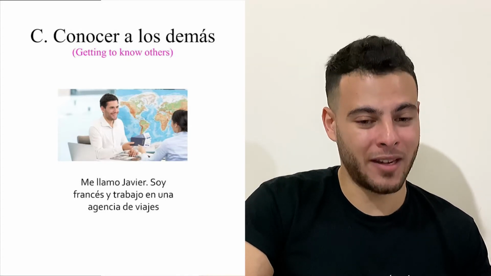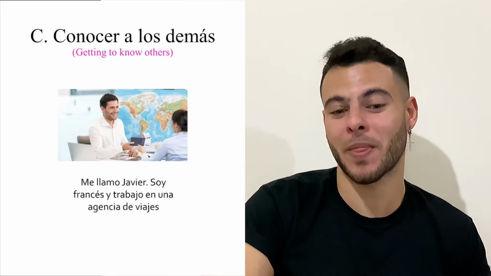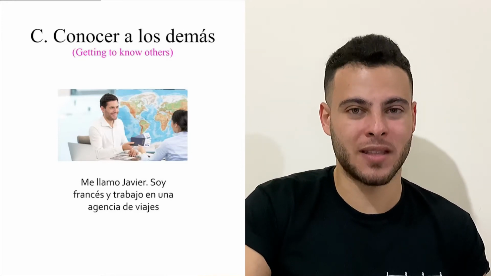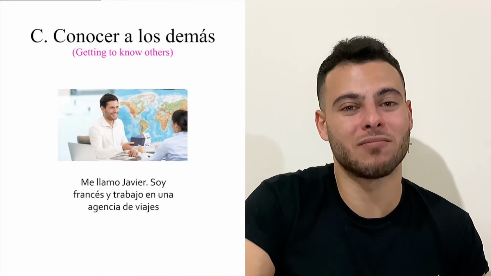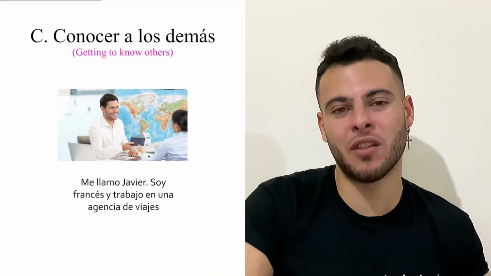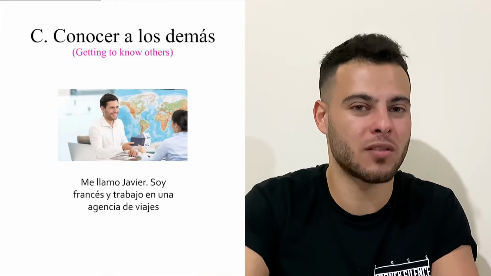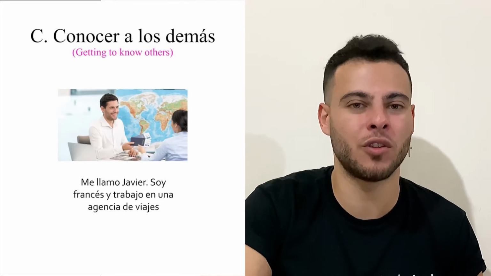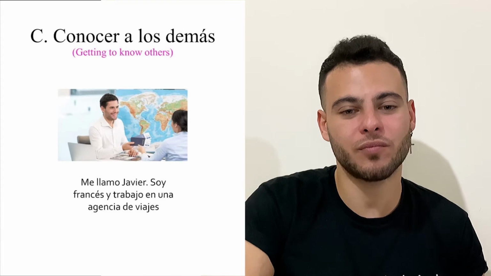Me llamo Javier, soy francés y trabajo en una agencia de viajes. Well, francés means that he's French and he works in a travel agency. You have to remember, it's agencia de viajes, but he doesn't have a real job description, so he's just stating where he works. You can also use that when you're going to introduce yourself.